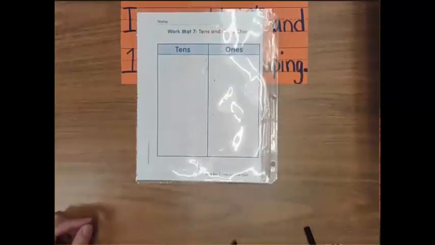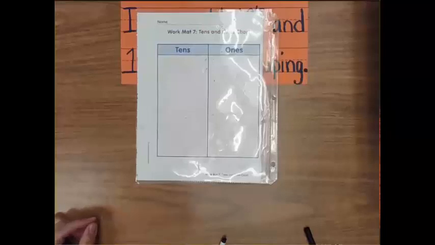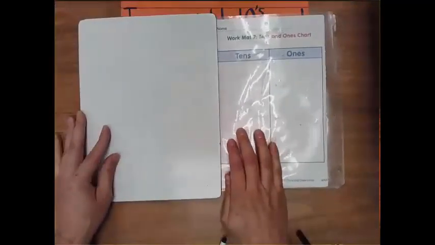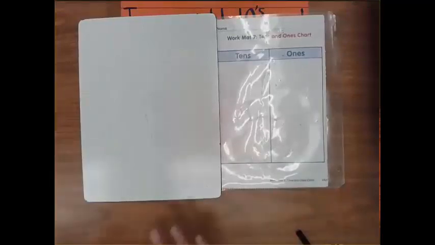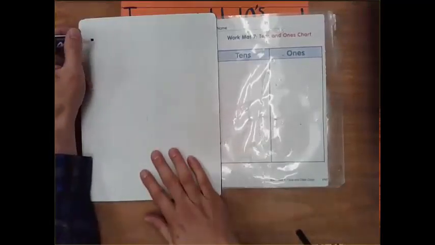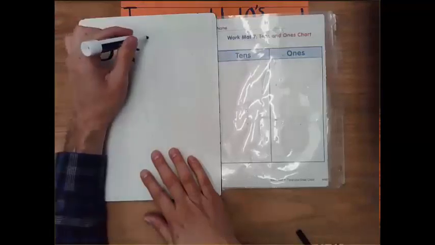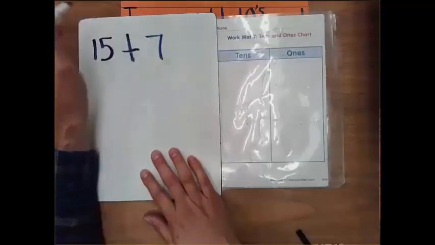So, for example, if I have something like this where I have two numbers, I have 15 plus 7.